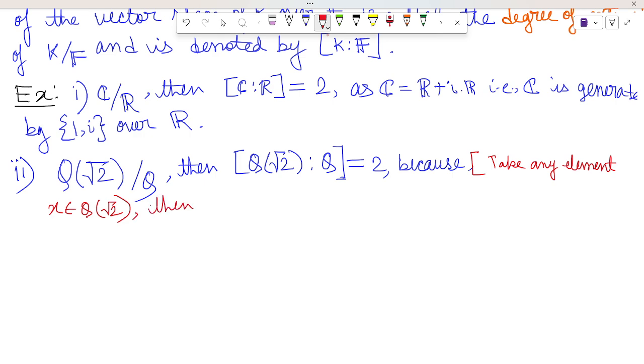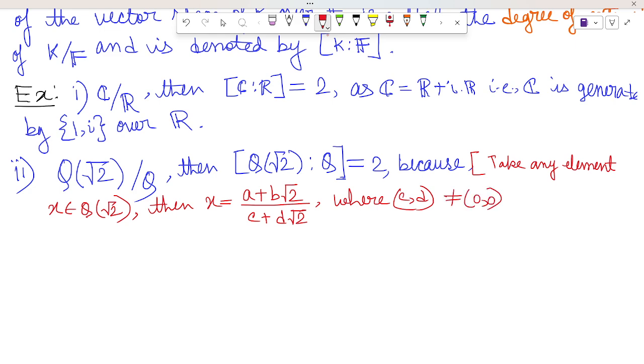Then x will look like (a plus b root 2) by (c plus d root 2), with a, b, c, d in Q. Since it is a field, the quotient of two things will be there. Now multiply by the conjugate.